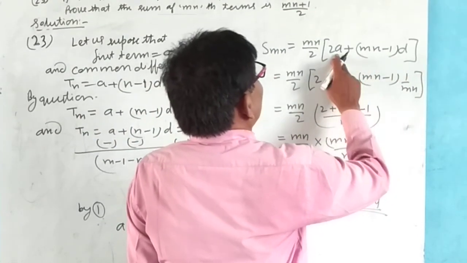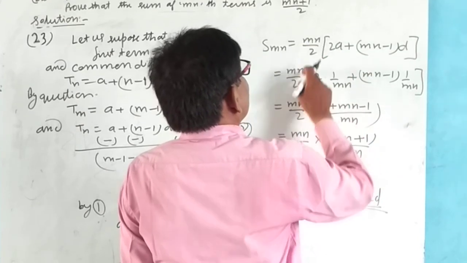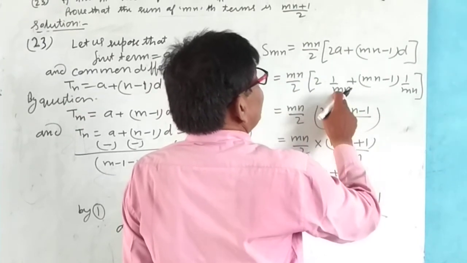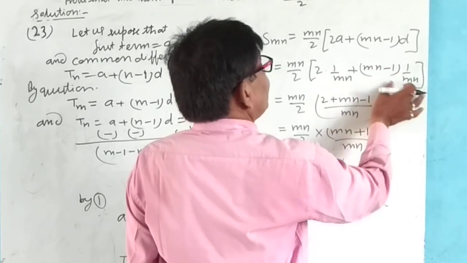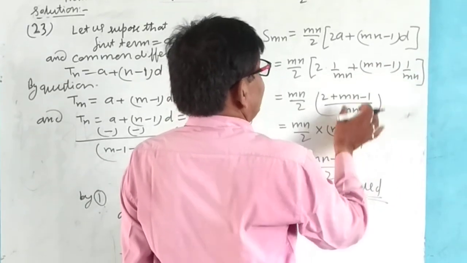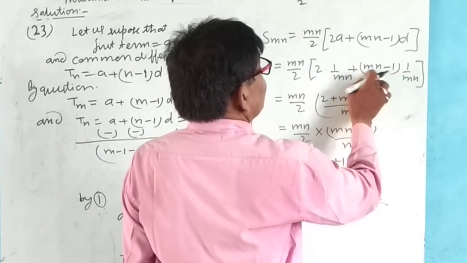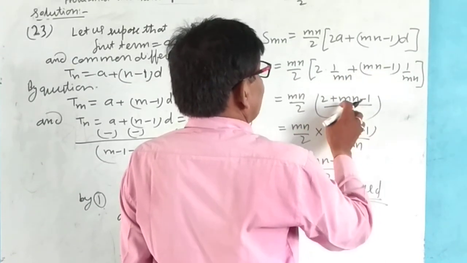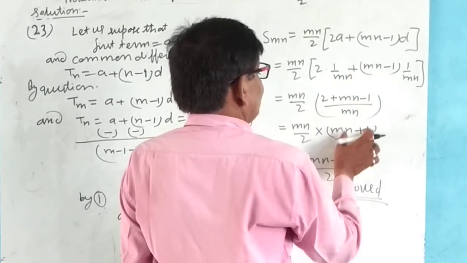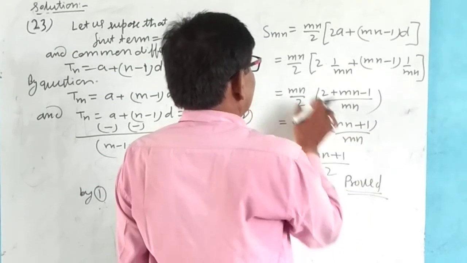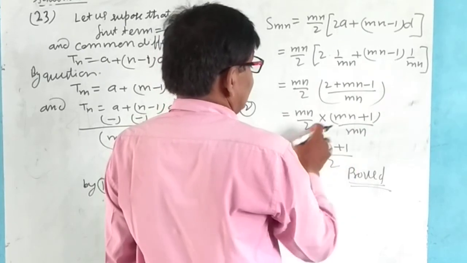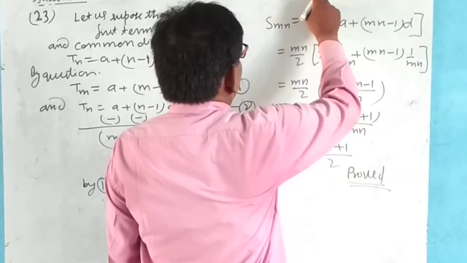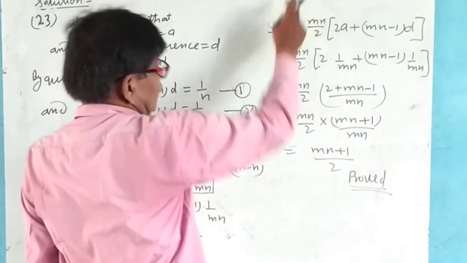Putting the value of a and d here, mn/2 [2/mn + (mn - 1)/mn] equals mn/2 times (mn + 1)/mn, and this mn is removed, so (mn + 1)/2. This is proved here.